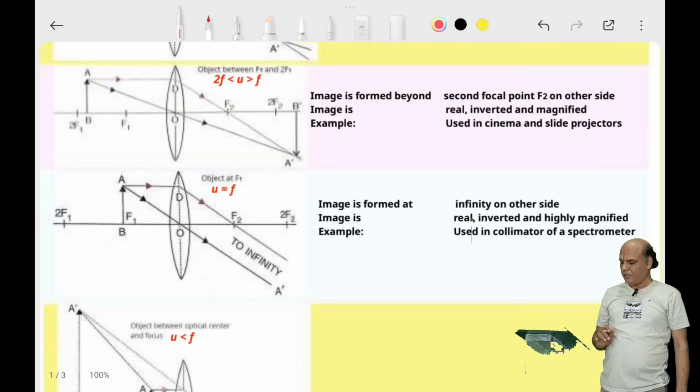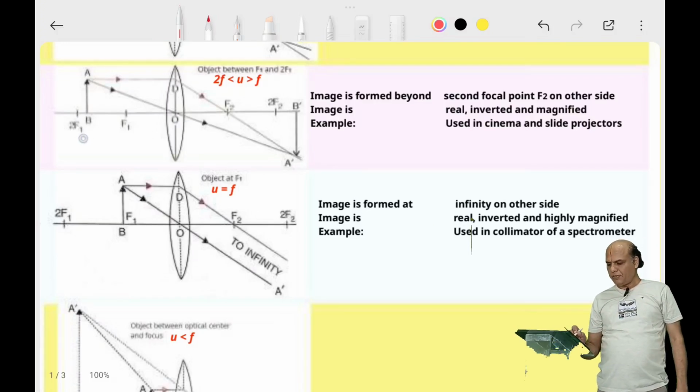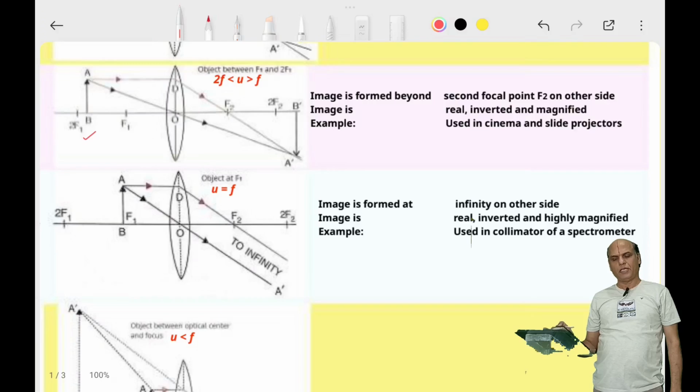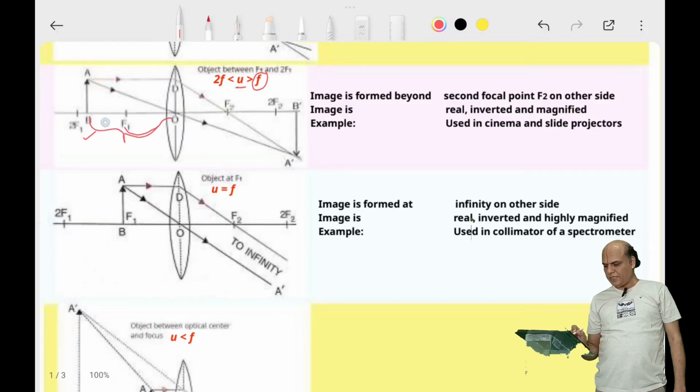Now, when the object is placed between 2f1 and f1, that is, between the focal point and second focal point on one side, an image is formed beyond the second focal point on the other side. Here, the object distance is greater than the focal length, but is less than 2f.